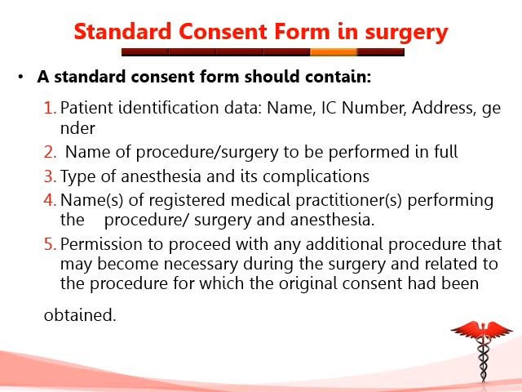And you should write a permission for extended surgery if you are expecting that you may find some complication or some extension of the surgery. For example, you find a mass or a tumor or something, and you may need to extend your surgery. If you are expecting this, please write it and don't perform it without the approval of the patient or his next of kin or his family.